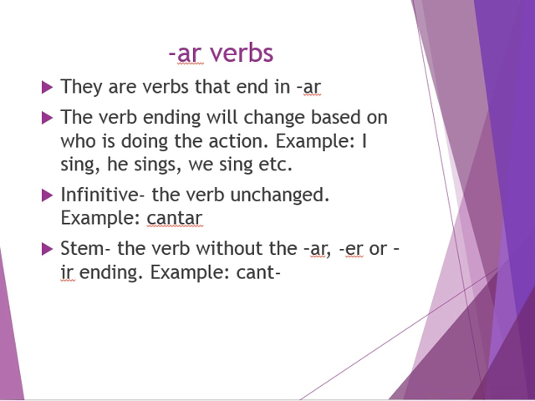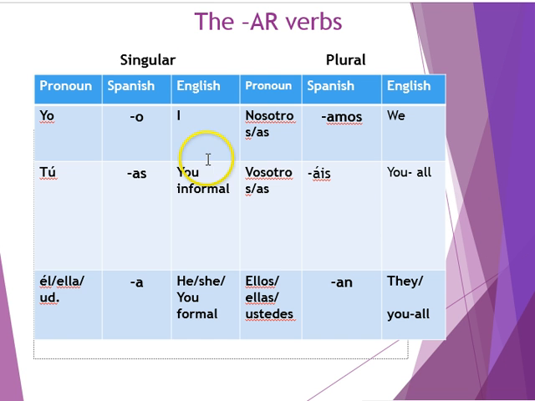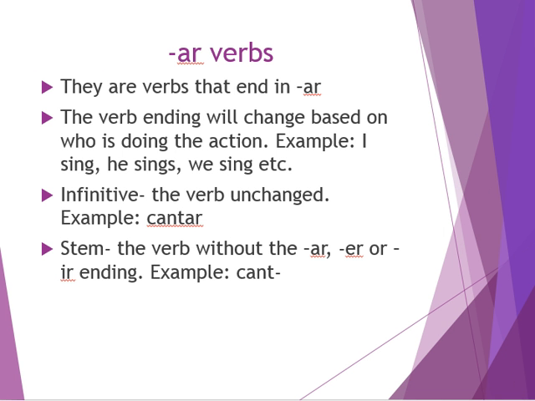There are two different types of terminology that we're going to need to know for this unit. The first one is going to be infinitive. An infinitive basically means that you have a verb and you have not changed it. So for example, I put down the verb cantar. Cantar in Spanish means to sing.